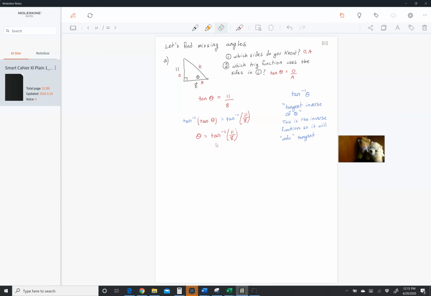If you can't fit it, rewrite it. Don't put the tangent inverse on the other side, okay? So what we're saying is it is not okay to write it like this. Okay, tangent inverse of what?